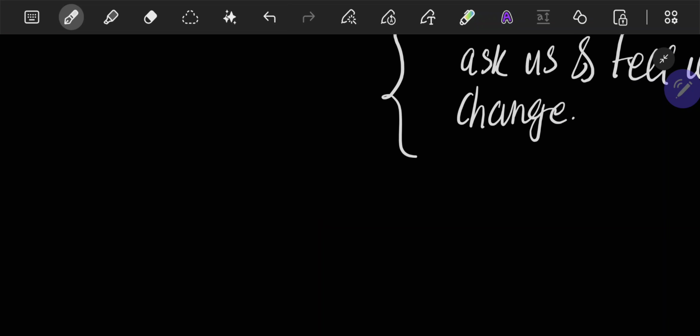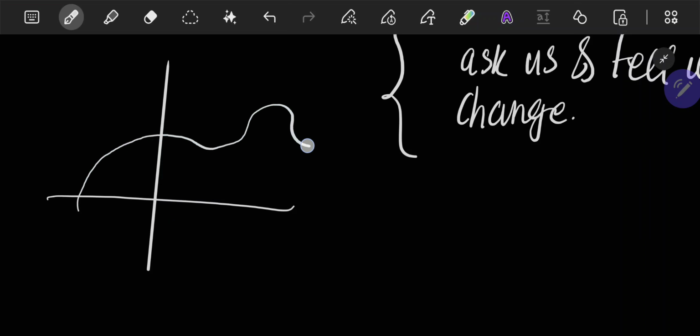Now, talking about derivatives, let's say that I give you a function, right? So this is our graph, and this is a function. And I want you to find how this function changes, right?